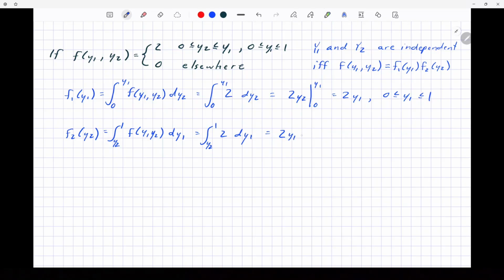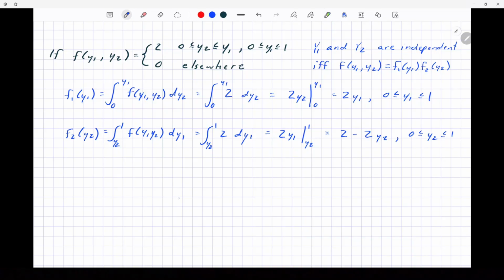That's 2 dy1, from 1 down to y2, which is equal to 2 minus 2y2. Now in this case, we know that y2 is defined between 0 and 1. Because again, it's less than or equal to y1, and y1 has a maximum of 1.